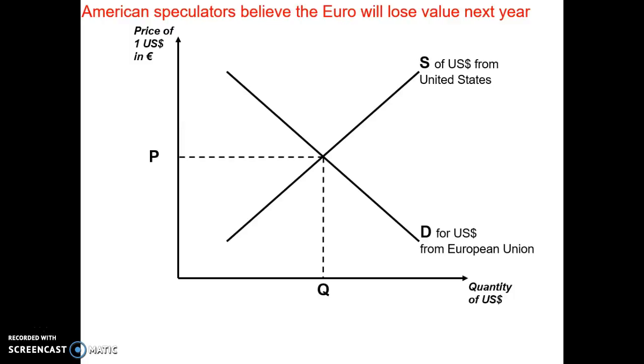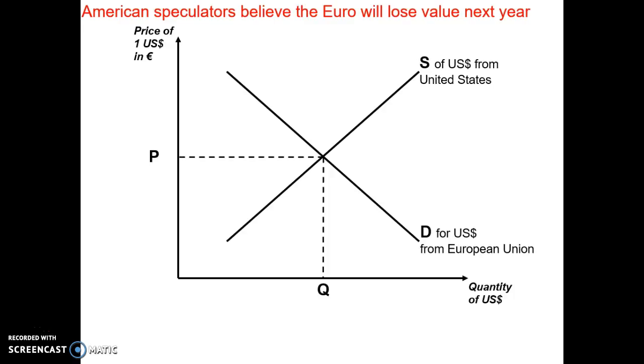One last example, and speculators are interesting. Let's say American speculators believe that the euro will lose value next year. So if we're talking about the US dollar, then the US dollar is used in America. In this example, it's Americans who are changing their habits. So now we're going to look at the supply of the US dollar again.